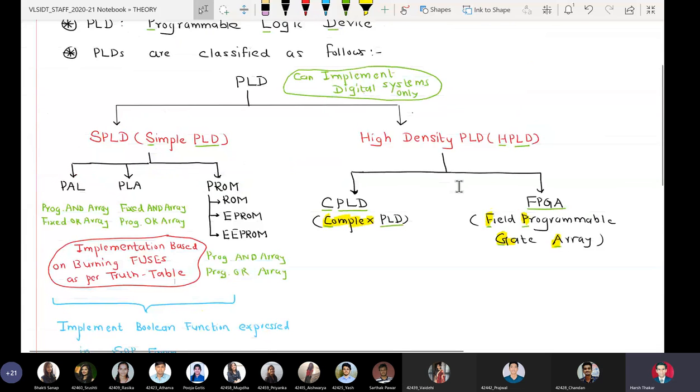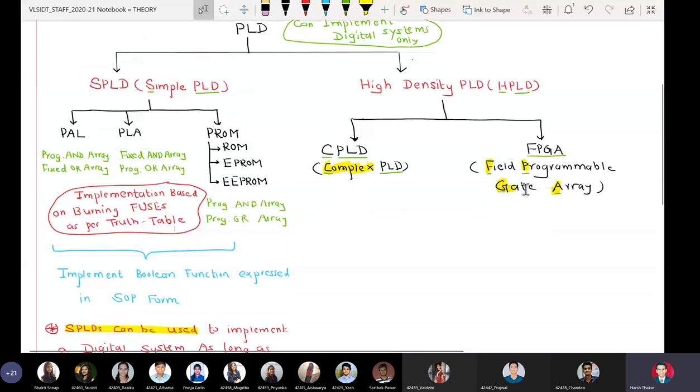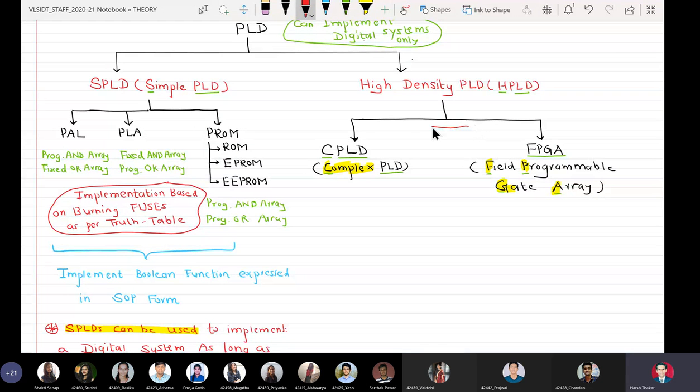But here in case of high density PLDs, you have to compulsorily use an HDL. Okay. So we can write a note here that it is implemented using HDL, hardware description language.